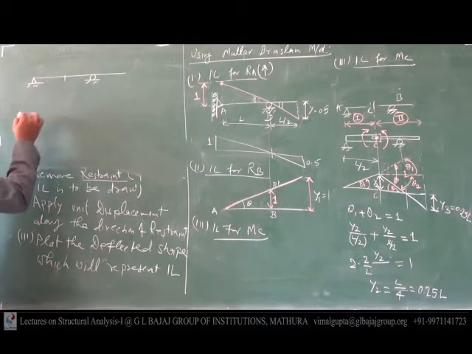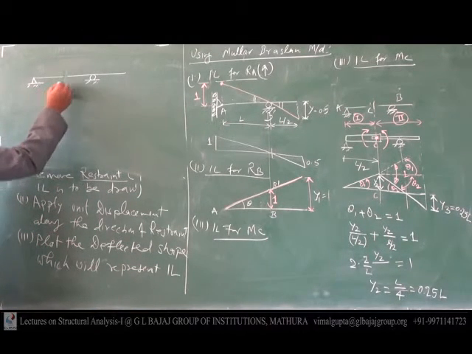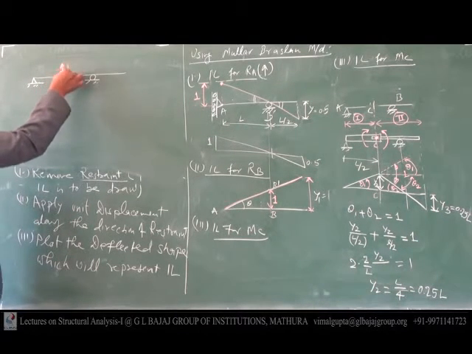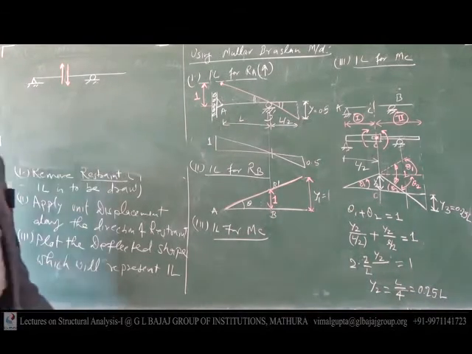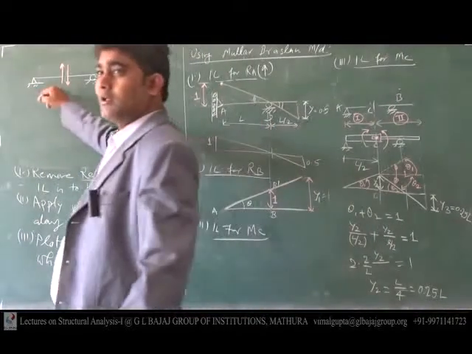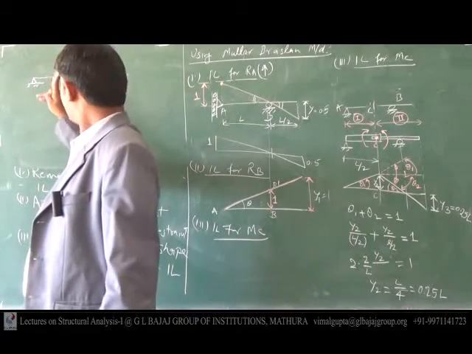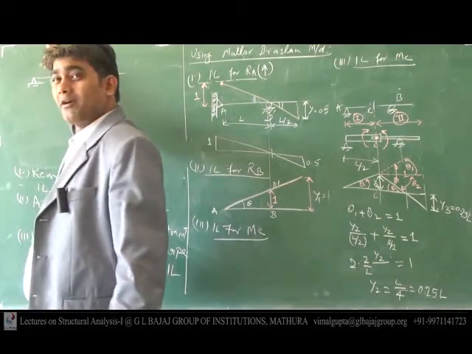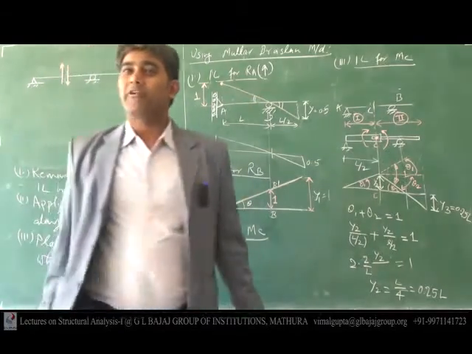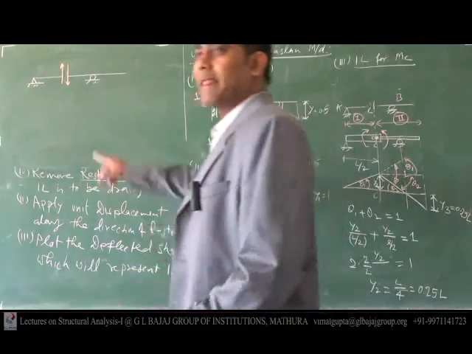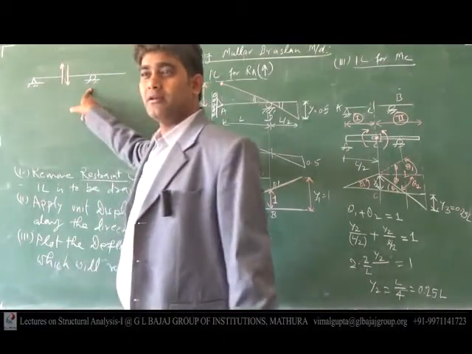We have to provide a cut, and shear means this type of disturbances we have to provide. After making a cut, scissor, okay, scissor, then cut is made, upward, downward. That type of displacement we have to provide at point C. Clear, everybody?